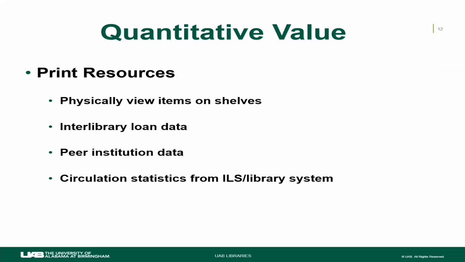Also, your interlibrary loan data again. And as this sounds very silly, sometimes just scanning a shelf. What does the shelf look like? Does it have an inch worth of dust on it that shows that this stuff has never been used or hasn't been checked out? And then two, what's going on with your peer institutions?